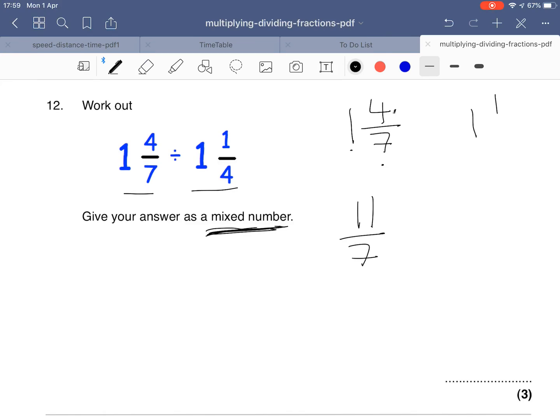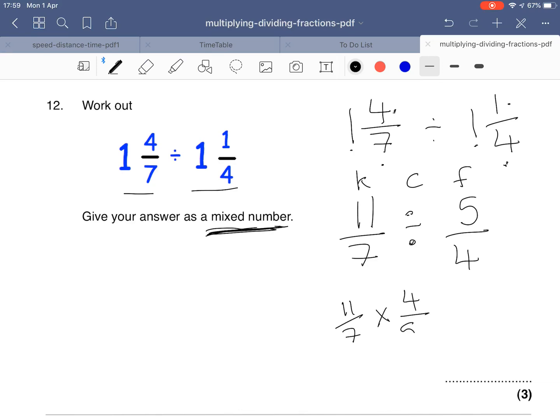And then my 1 and 1/4, well, I've got one lot of the 4, which is 4, add my 1, which is 5, so I've got 5 over 4. So now I can KCF: keep this the same, change this, and flip this. So I'll have 11 over 7 times 4 over 5. Now I can just times like normal, so 11 times 4 is 44, and 7 times 5 is 35.